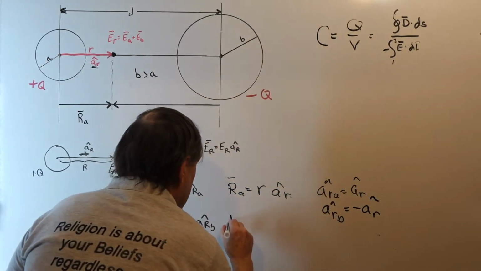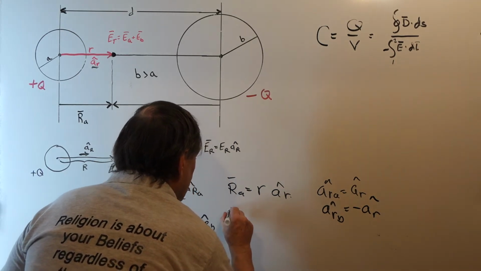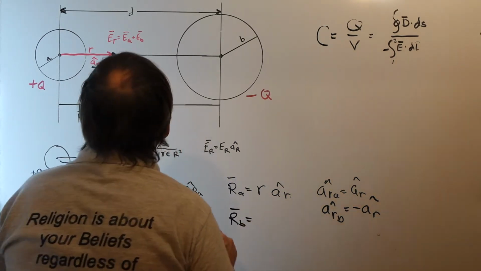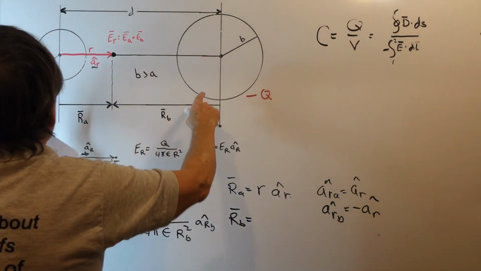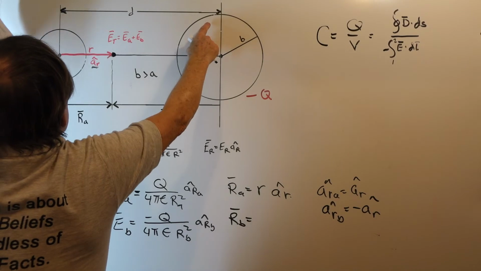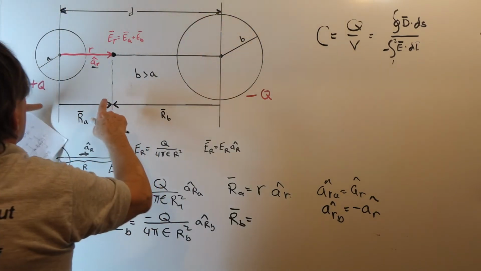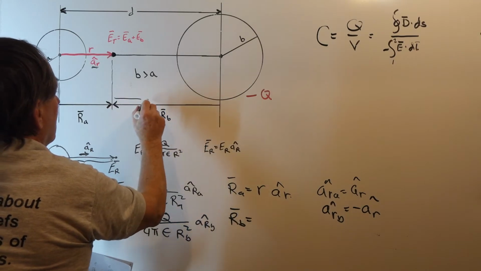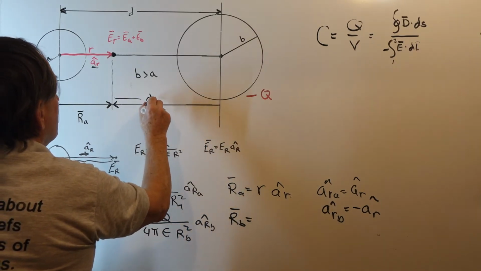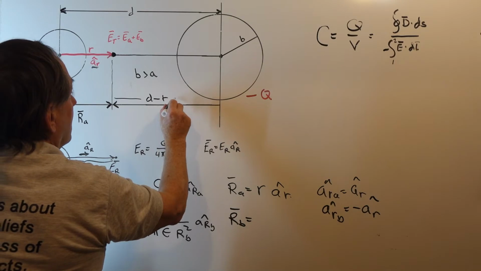The radial vector r sub b is this distance, which is d minus r.